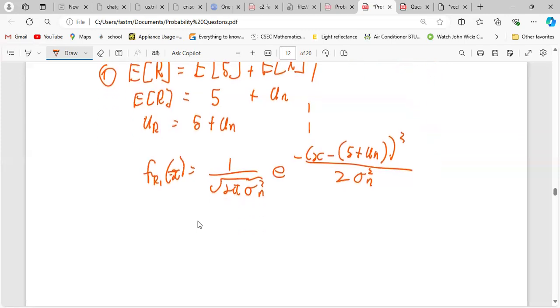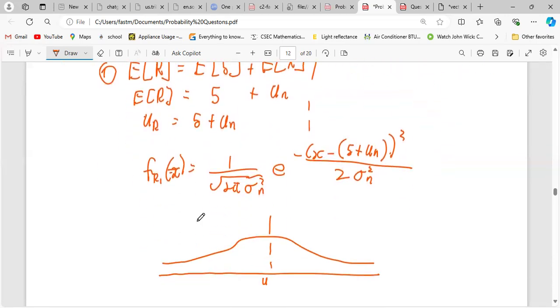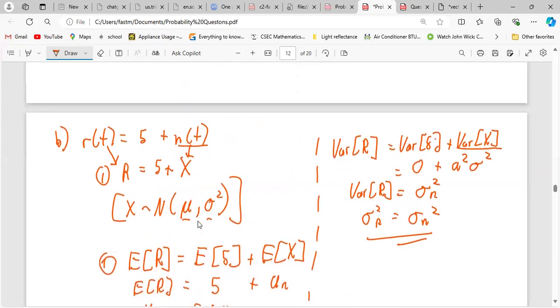And now to sketch it, it's the same kind of sketch, just the variance and the mean change. So this here is your mu N plus 5, and then the spread is just sigma squared N. And you can label it as f R1 of X. So that was that piece, right?